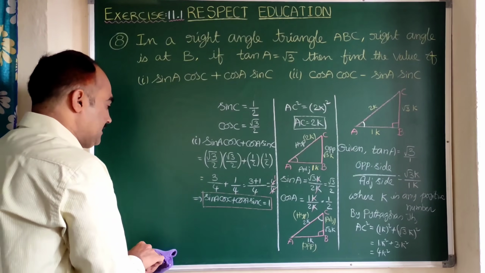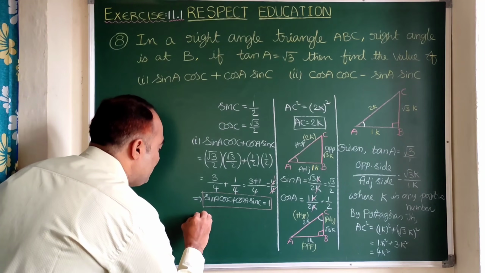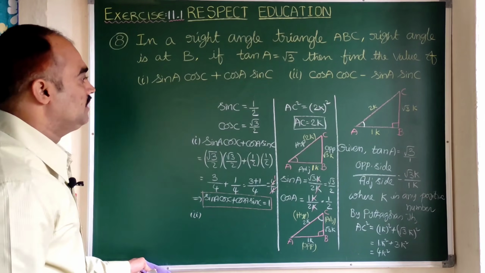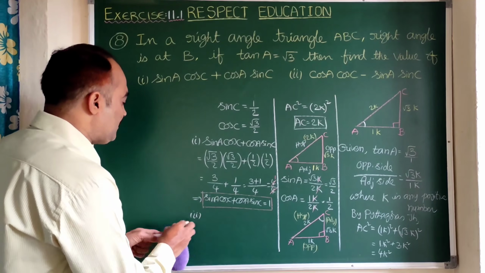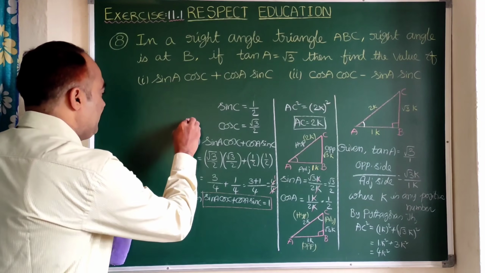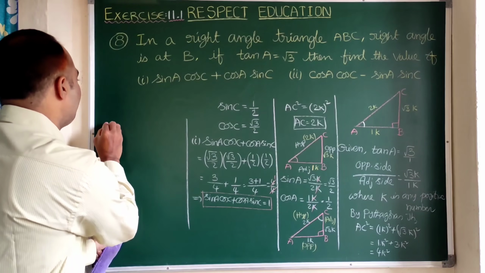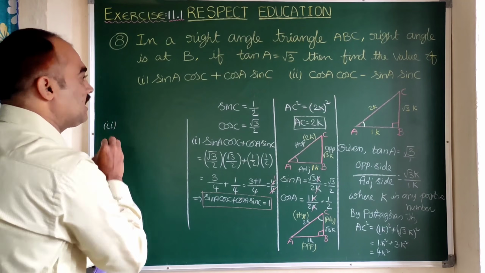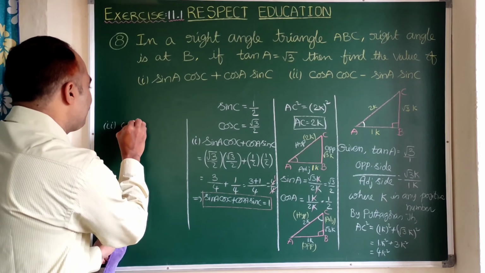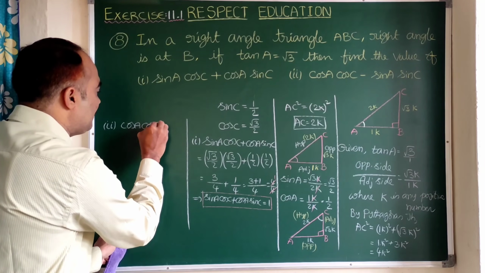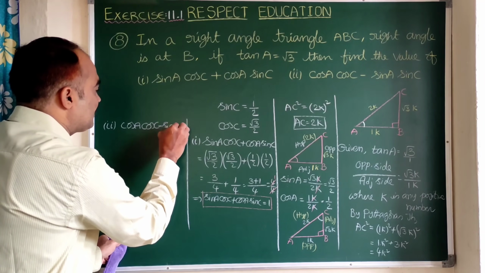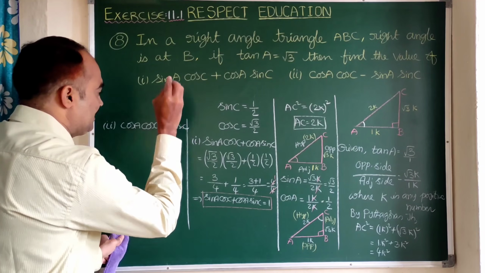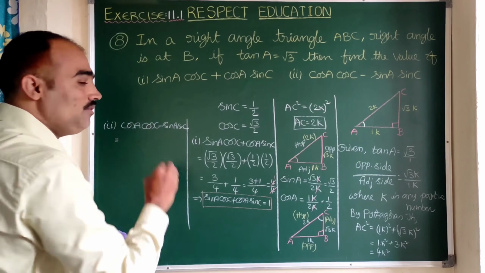Now we will see the second bit. The second bit is cos A cos C minus sin A sin C. Let us substitute the values now.